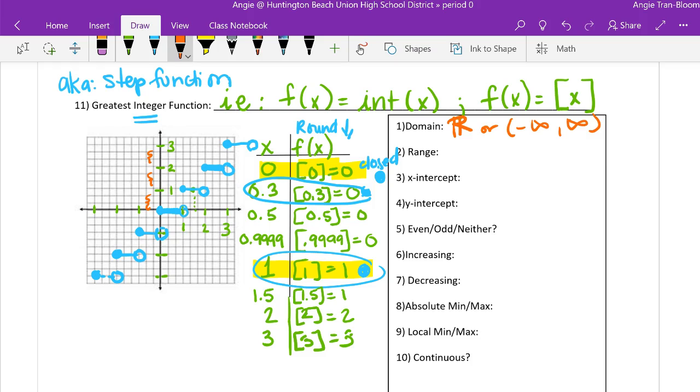But the range is going to be at 3, at 2, at 1, at 0, at -1, at -2, and -3. So those are called integers, okay? So the range is just all integers. Now you can spell it out, or you can use the Z to represent integers, okay?